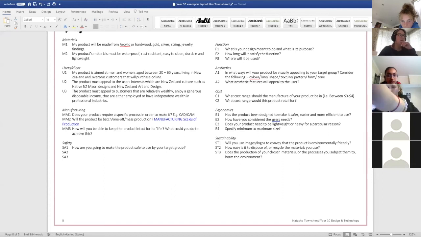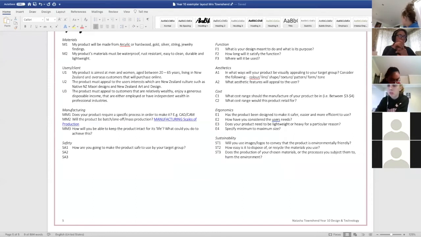Great. Yeah. How have you considered the user's needs? Does your product need to be lightweight or heavy for a particular reason? Specify minimum to maximum size. Okay. So, make it a sentence about making it safe for users or more easy to use.